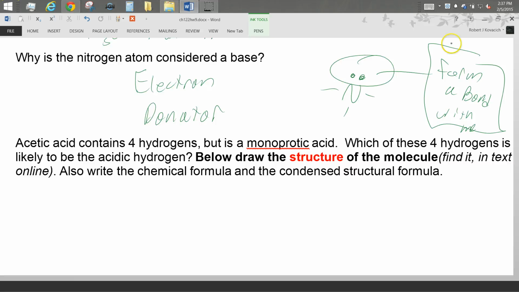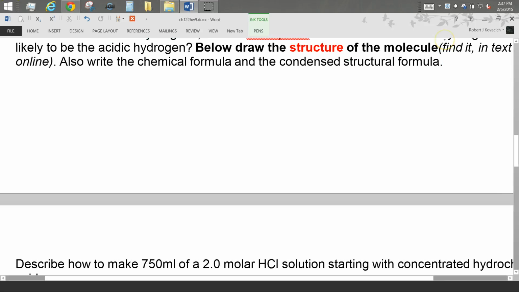Okay, acetic acid, yeah, all right. So which one of these is the acidic one?